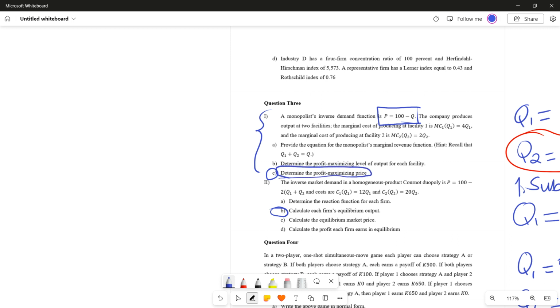So how do we do this? To find price, step number one, find total Q: the total output, total quantity.